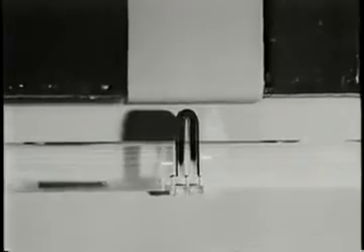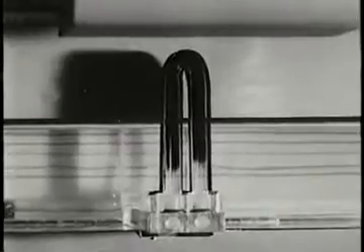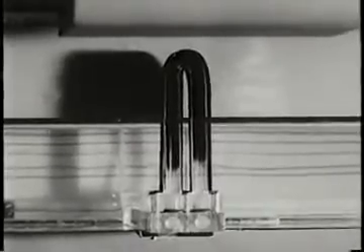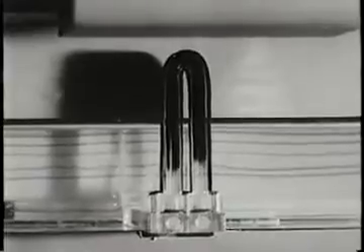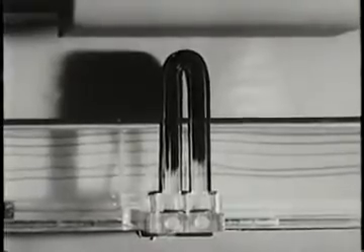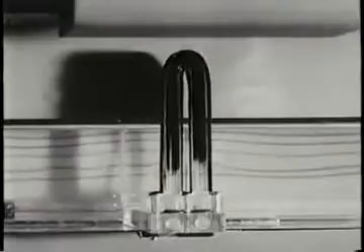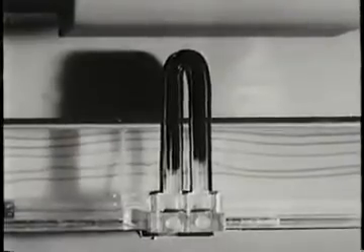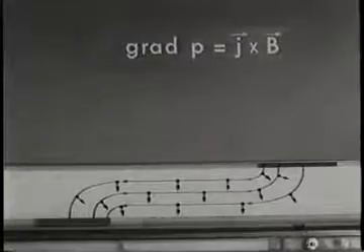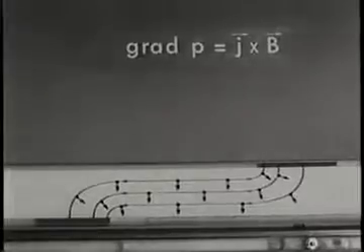But the fluid in the duct moves only slightly. In this case, then, the fluid can sustain J cross B forces without being seriously disturbed. The pressure must have changed so that the pressure gradient balances J cross B to a close approximation.